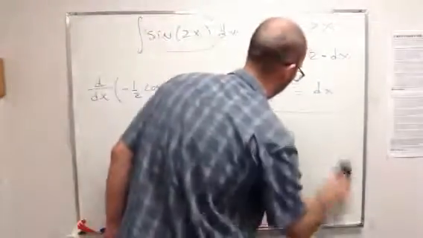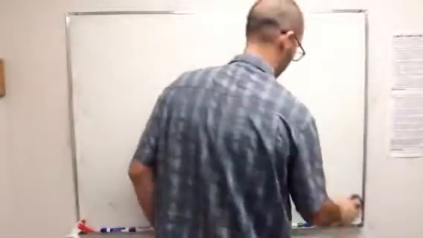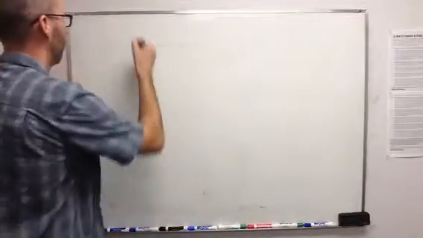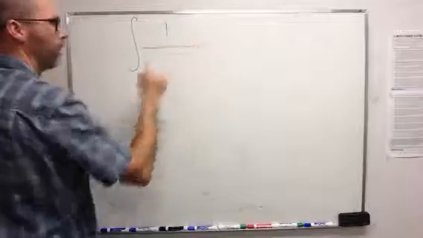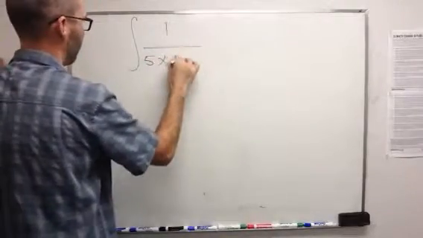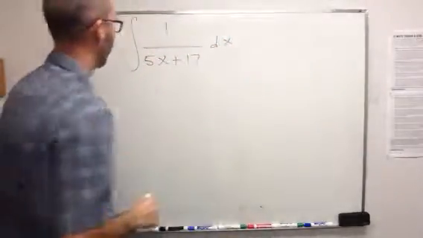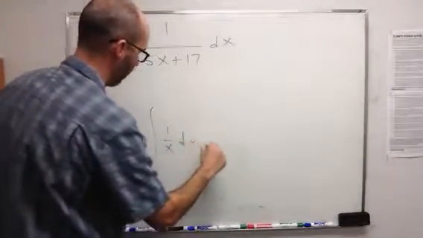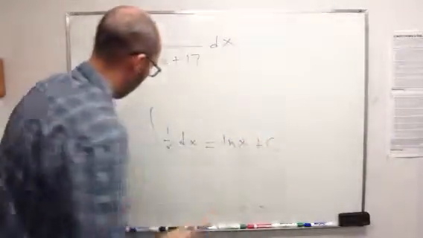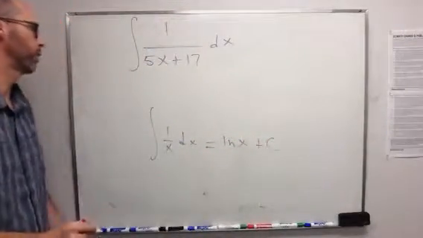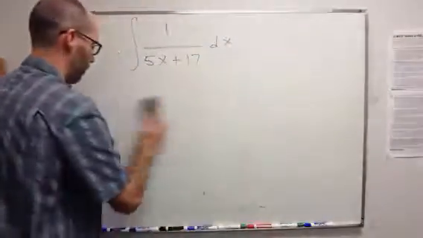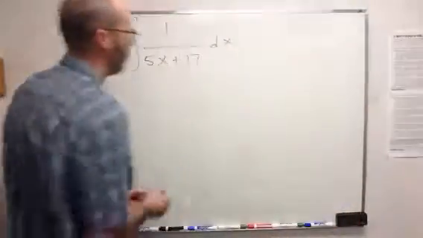Alright, let's look at another one. Let's do the antiderivative of 1 over 5x plus 17 dx. Alright, again, if we had 1 over x dx, we have this memorized. So this thing looks a lot like that. So let's make it look like that.